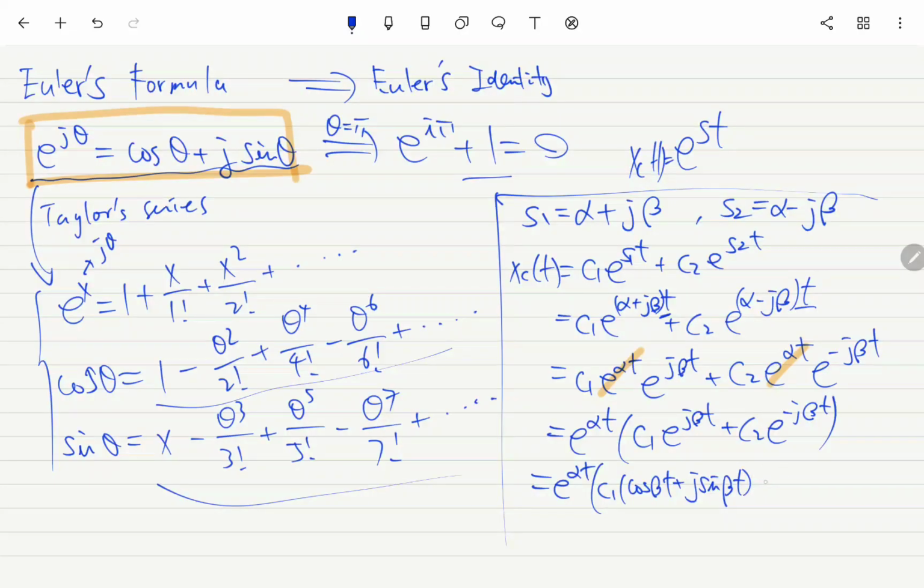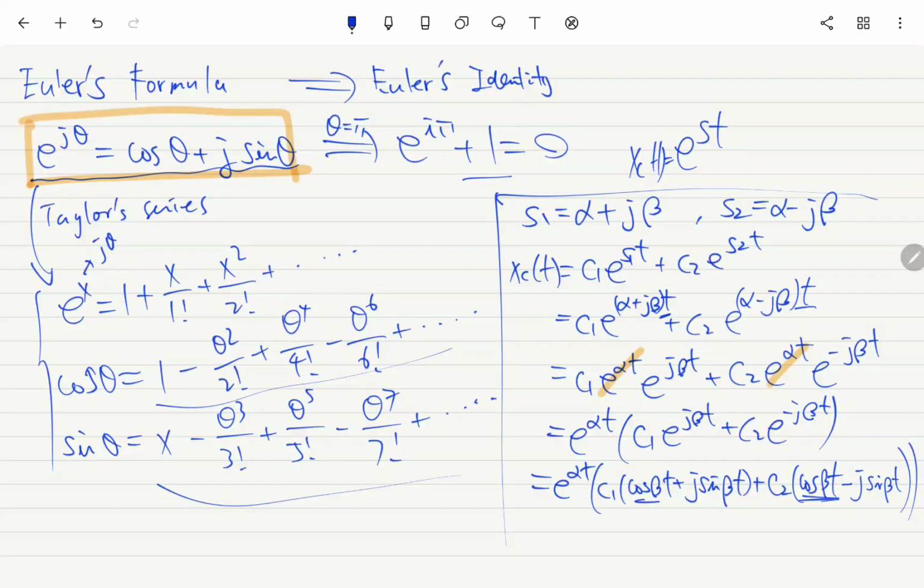And then we also have plus C2 times cosine of minus βt plus j sine of minus βt, because cosine is an even function, so it should be cosine of βt, but sine is an odd function, so it turns out to be negative j sine βt.